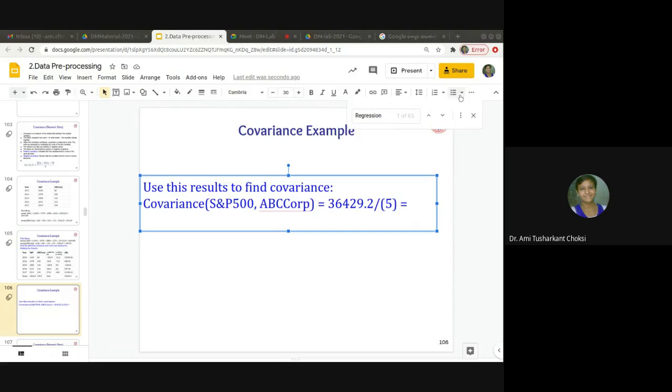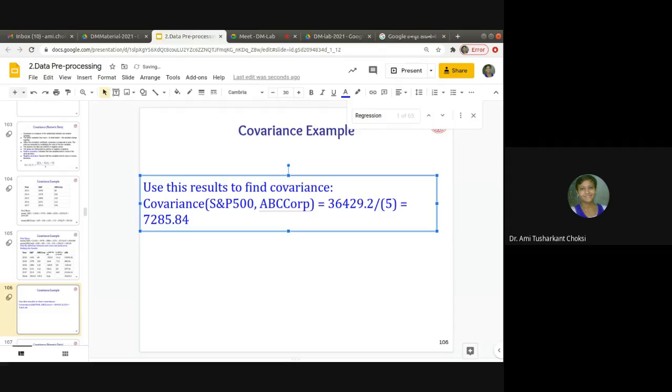36,429.2 divided by 5. I am calculating in my calculator. You can calculate on your own, and what we are getting is something like this.